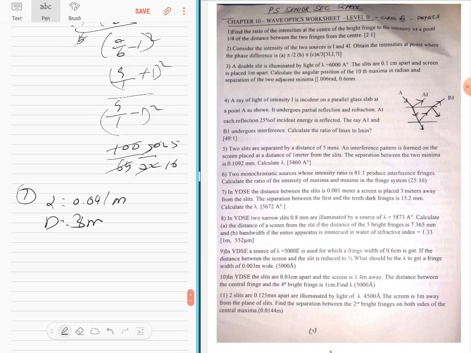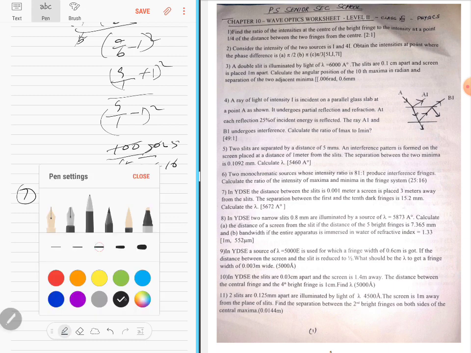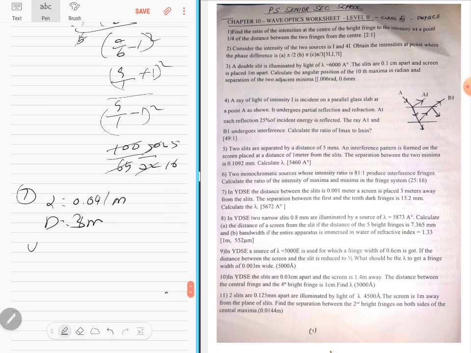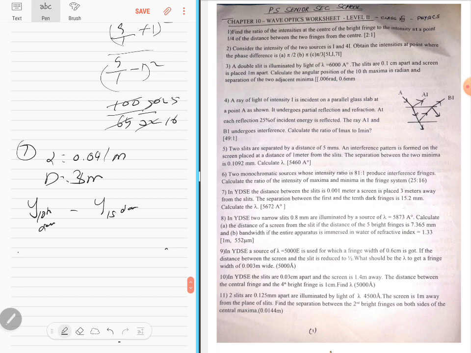Is it interference? Young's double slit experiment, separation between the first and the 10th dark fringe. So the formula for the dark fringe, y 10th dark minus y first dark. The dark fringe formula is (2n minus 1) by 2 into lambda into capital D by small d.